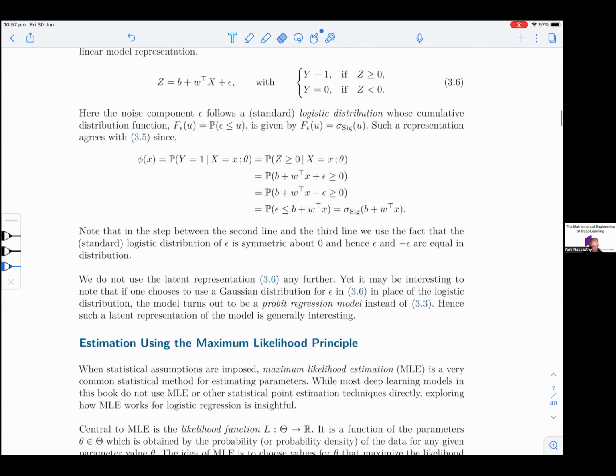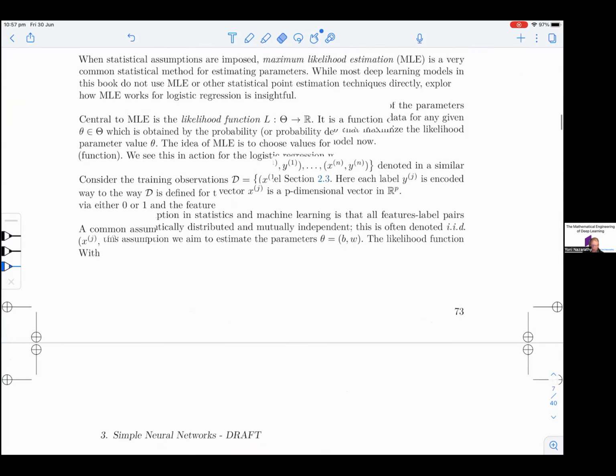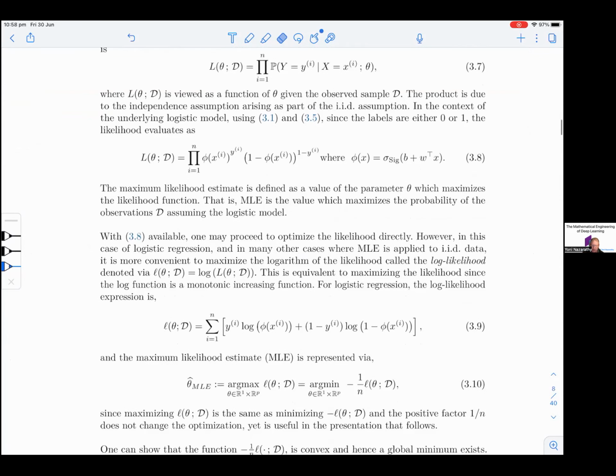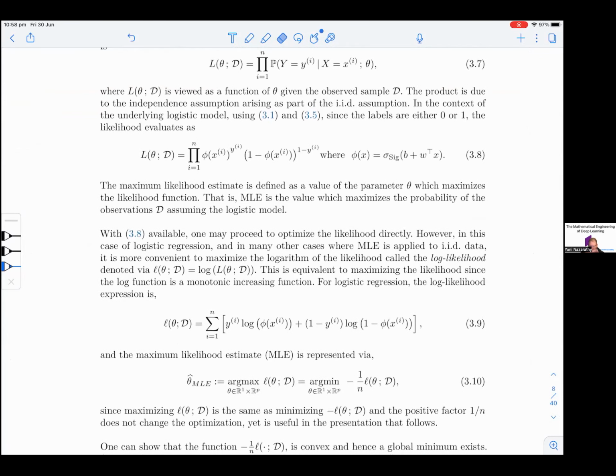So back to here, using 3.1 and 3.5, and since the labels are either 0 or 1, the likelihood evaluates as the product of phi of xi to the power yi times 1 minus phi of xi to the power 1 minus yi, where phi of x is the sigmoid.